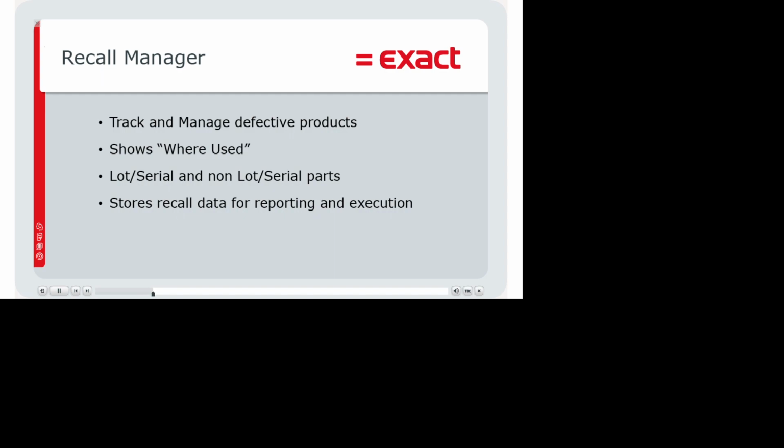Recall Manager does not require any separately maintained linking data. However, if linked as-built data is available, it will be used to define the results. Recall Manager then stores the details for reporting and execution of the recall.